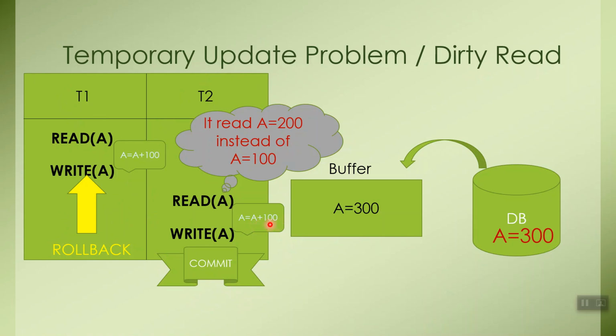So if the initial value of A is 100 and T2 is incrementing it again by 100, then the final value should have been 200 instead of 300. So this value is some wrong value which has been updated by this transaction T2. So this problem is called temporary update problem or dirty read problem.